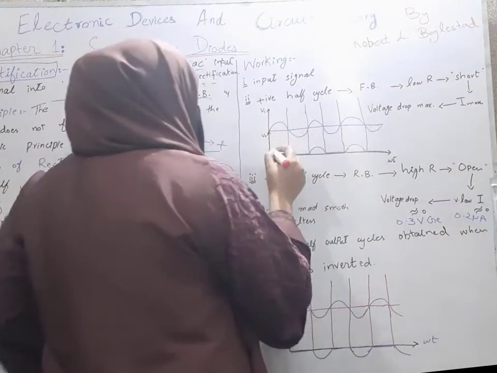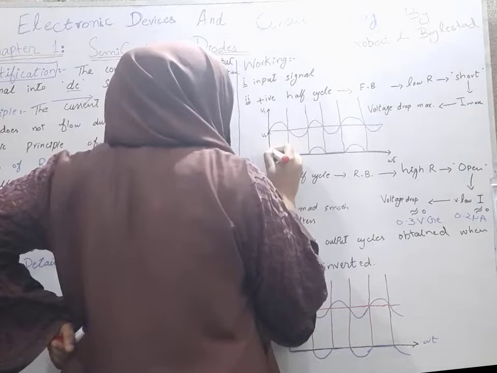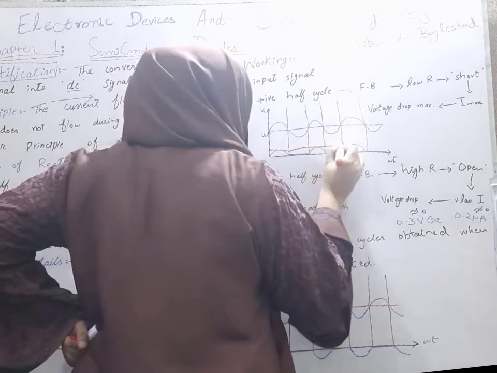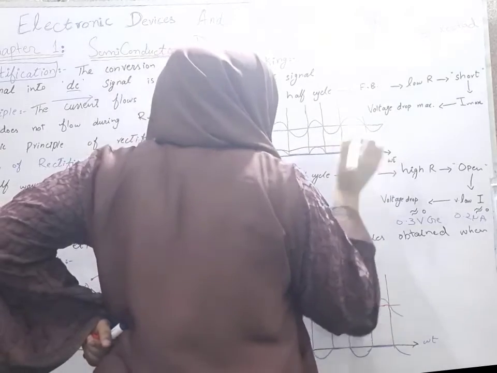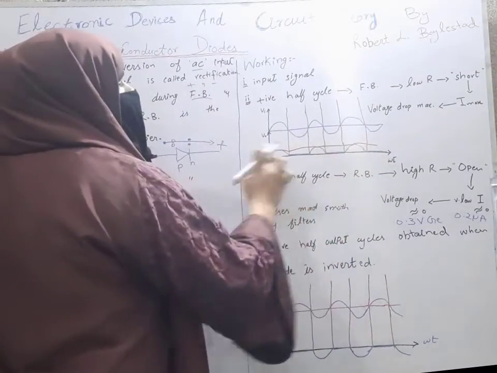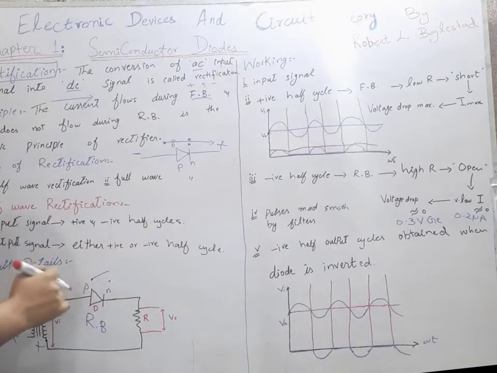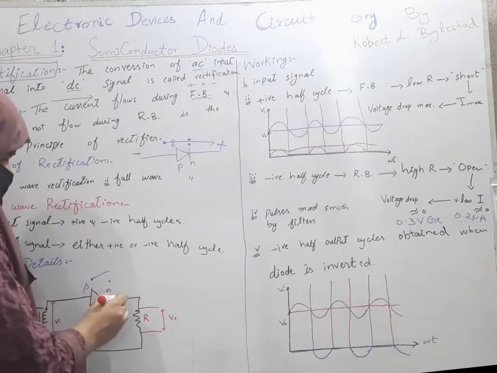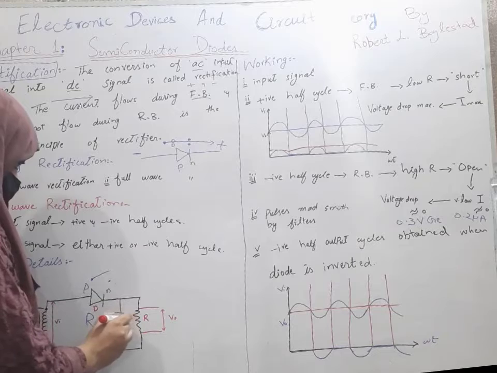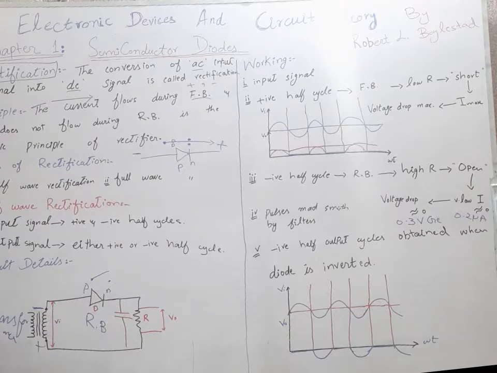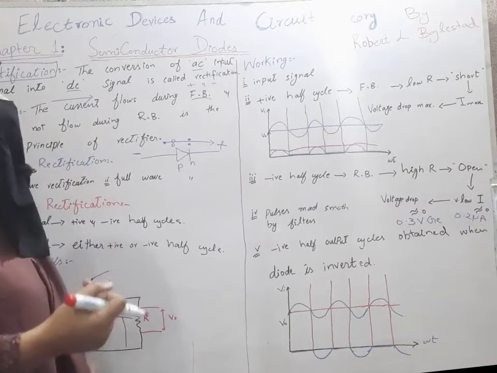By having filters, our pulse will be like this. So our pulse will be made smooth by using a filter. Which filter can we use? We can use the capacitor filter here to make our pulses smooth, to make our signal a DC signal.